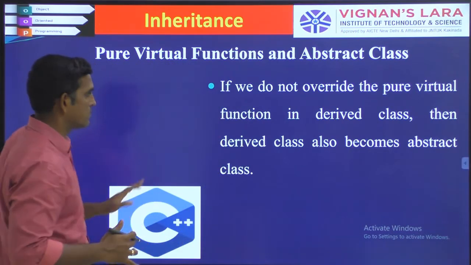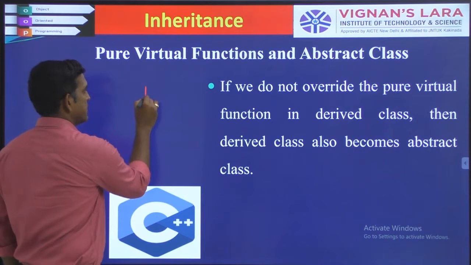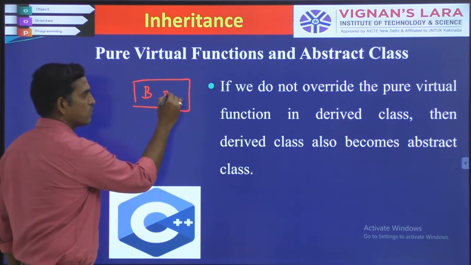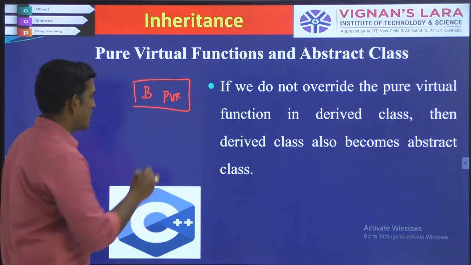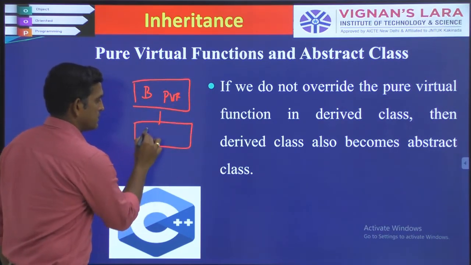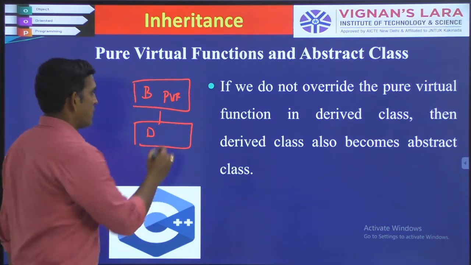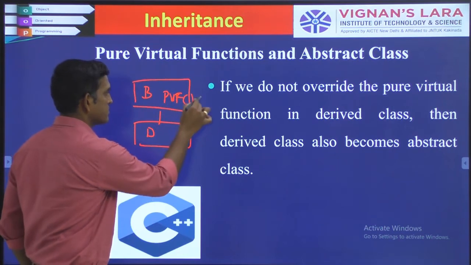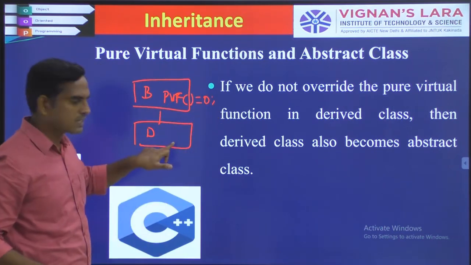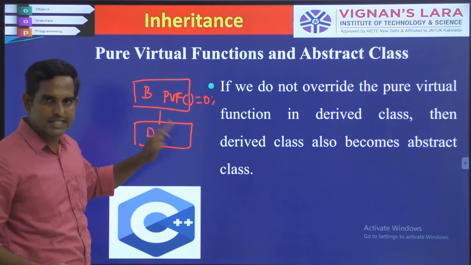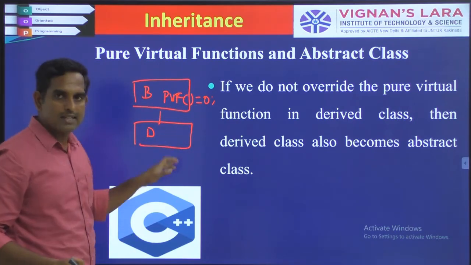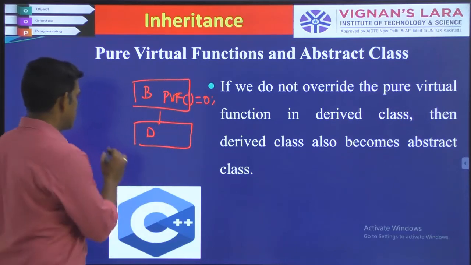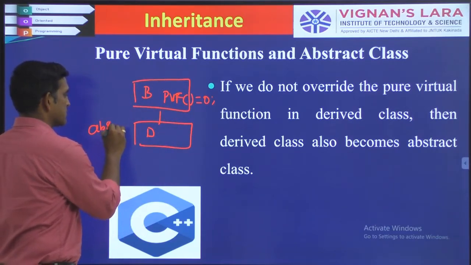What this means is, if you have a base class with a pure virtual function and there is a derived class, you have to define this pure virtual function in this particular derived class. If this derived class doesn't have the implementation for this pure virtual function, then this also will become an abstract class.